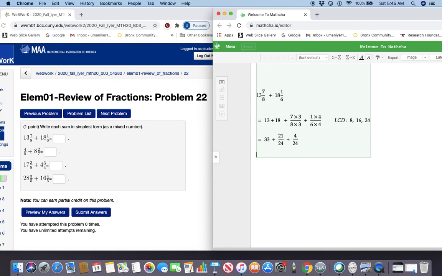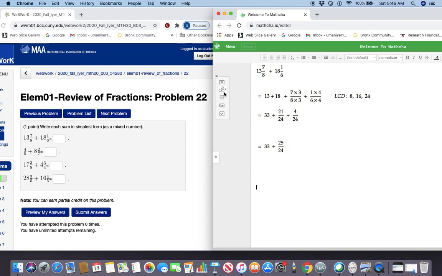At this point, this is the whole part, so it continues plus the fraction. 24 is the common denominator, so I write it right away. Numerator is 21 plus 4, which is 25. Notice this is an improper fraction, right? 25 is bigger than 24.